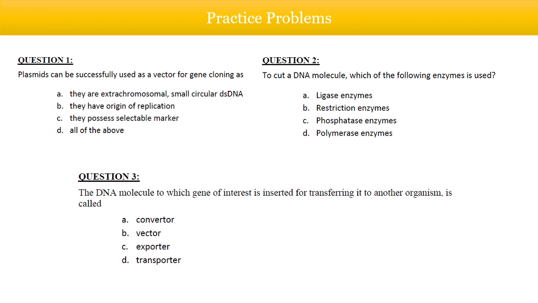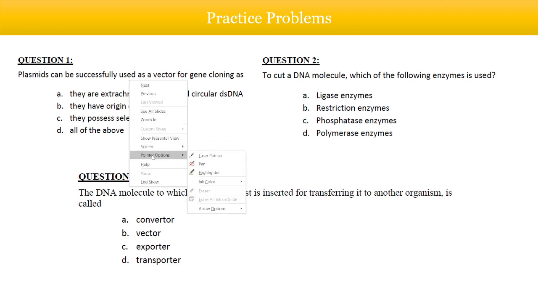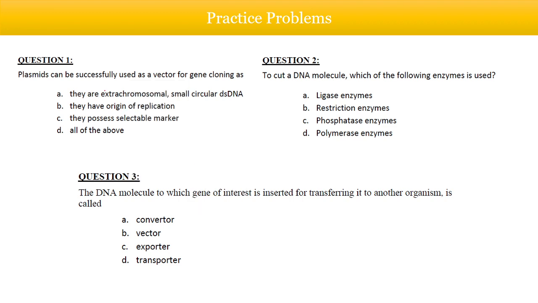So if you go through my lectures, you can see that the plasmids which can be successfully used as vectors need to have 3 things. One is that your origin of replication is important. They need to have a selectable marker, which is your antibiotic resistance, and they have to be extrachromosomal, small circular double-stranded DNA. So all of the above statements are correct.